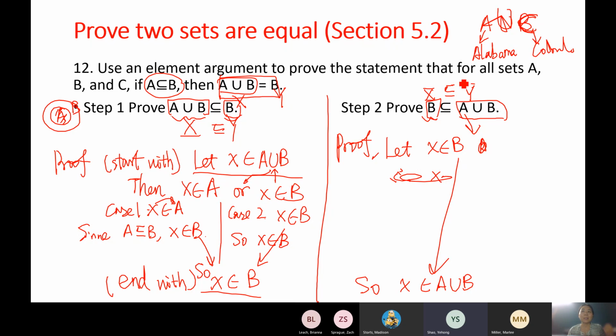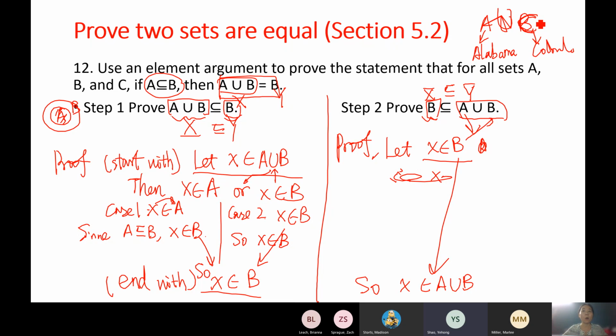Similarly, if x is in B, x doesn't have to be in A. I think a lot of the confusion was some students try to prove x is in A. You don't have to prove x is in A. If you are in B, then you are in the union. Just like if I live in Colorado, then I live in the union. If I live in Ohio, then I live in the United States. I don't have to live in all the other 49 states in order to be in the union, right?